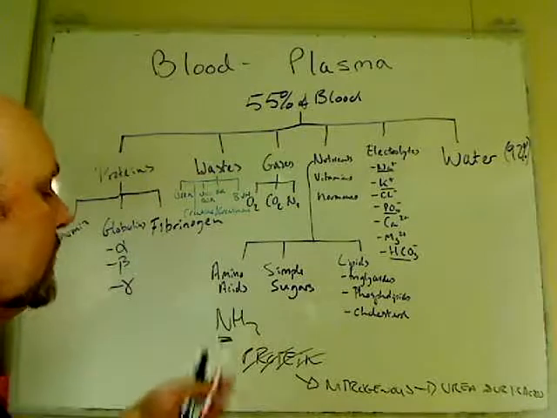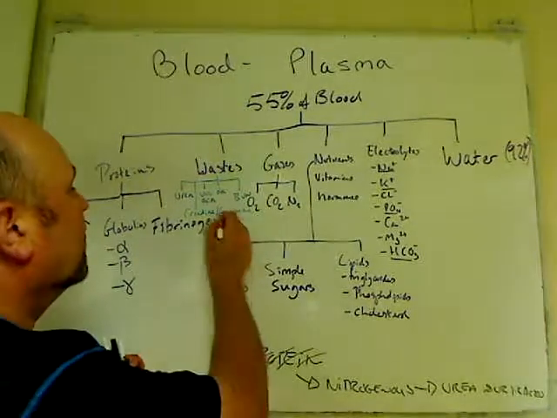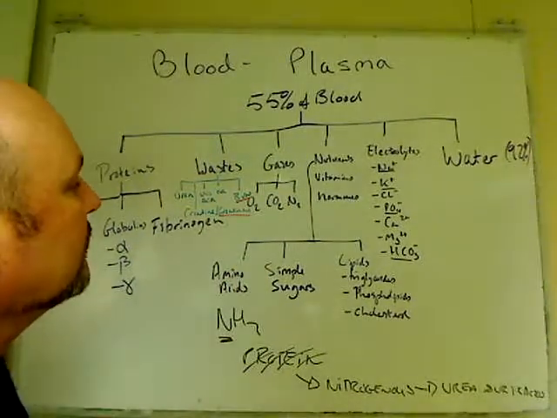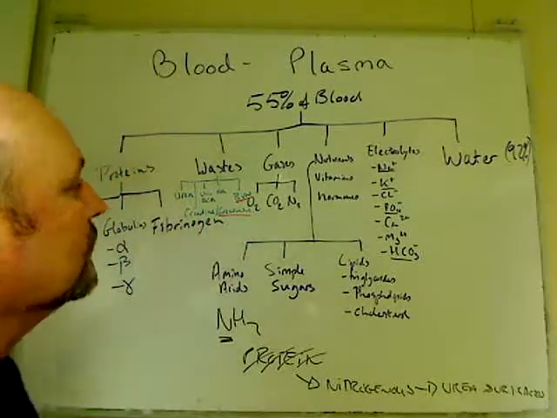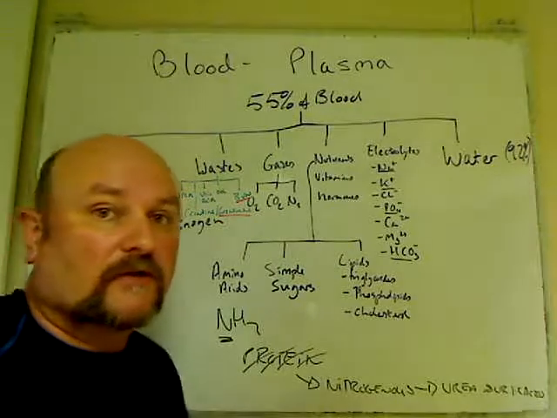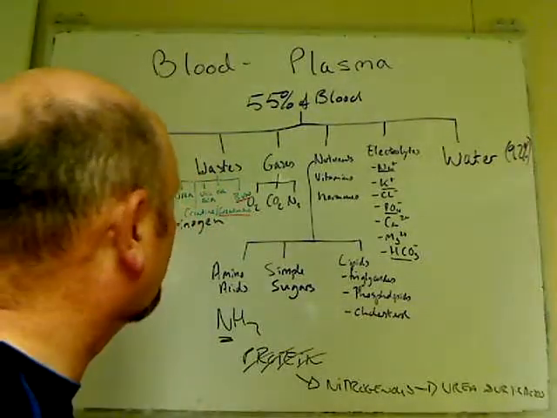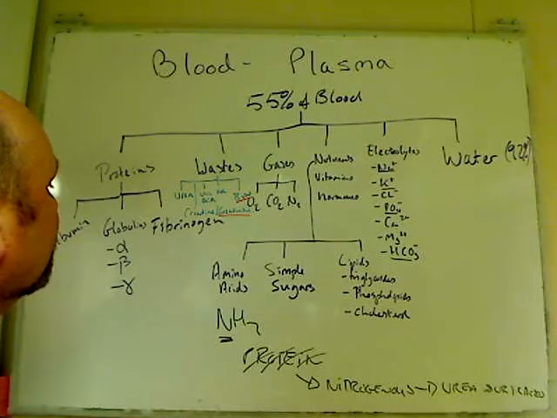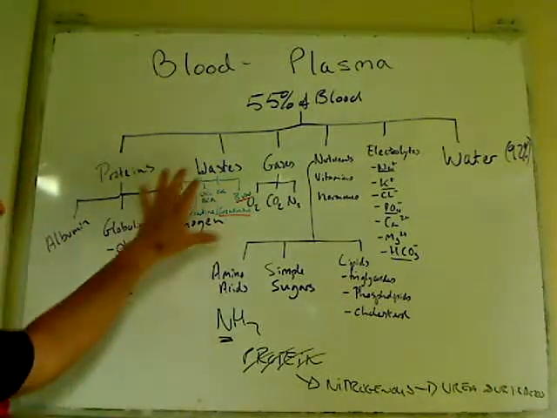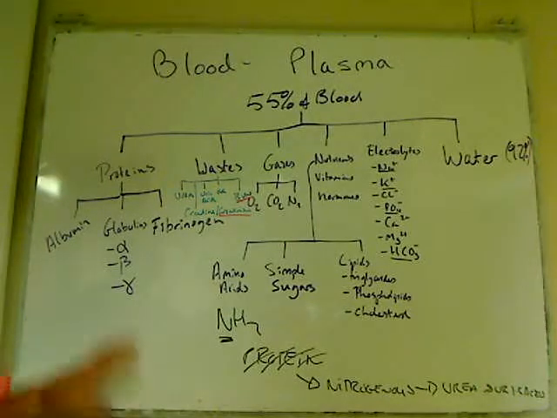So we can look at that level and that level in a kidney or renal panel, and that tells us a lot, along with the eGFR, about how the kidneys are working, how well they are working. And we'll look at that when we look at the urinary system. So that's our waste that gets removed by the kidneys.